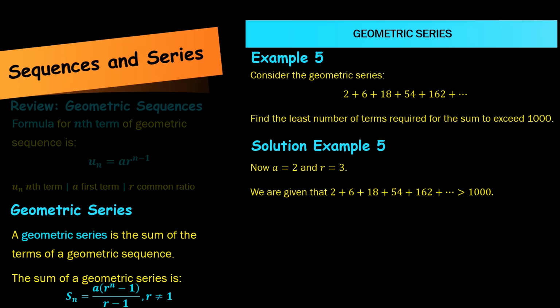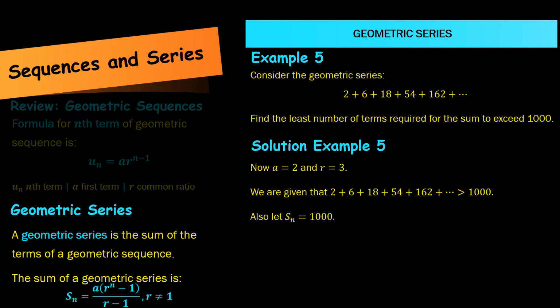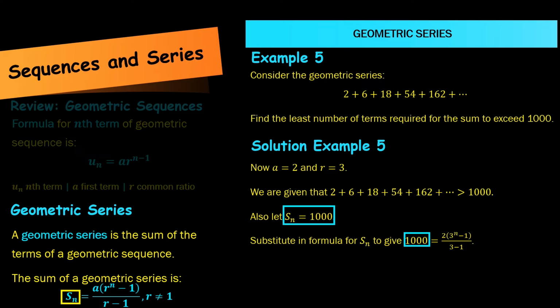We are given that the series is greater than 1000. So let's let s subscript n equal 1000, and then substitute all these values that we have in the formula for s subscript n. So 1000 goes here, the value a equals 2 goes here, the value of r equals 3 goes here and here.